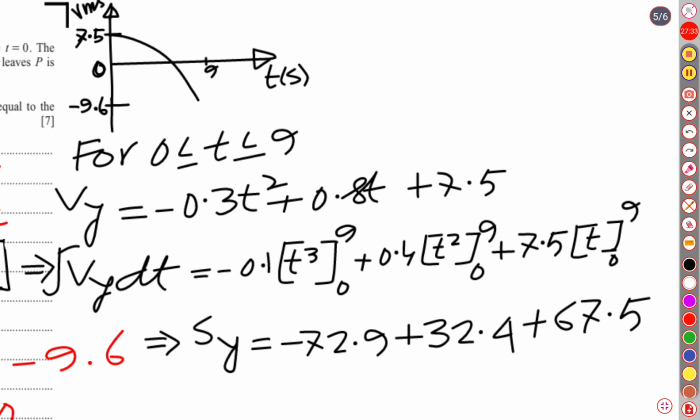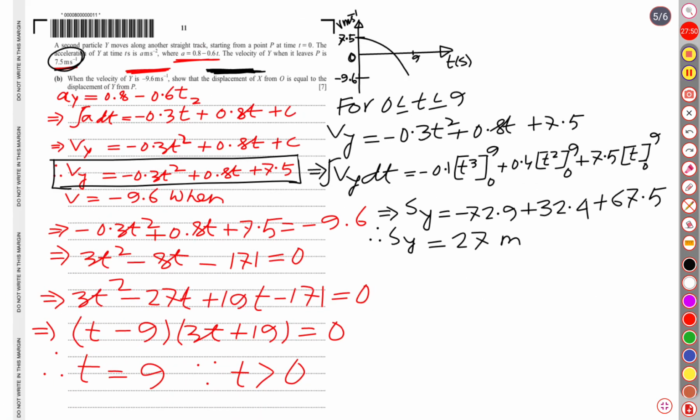If we add these up, after subtraction we get 27 meters. So particle y traveled 27 meters in the first 9 seconds.